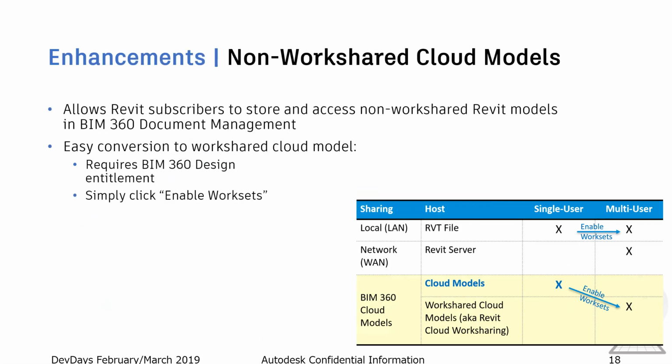This is the way that we're trying to create consistency, where there really shouldn't be very much difference between cloud models and desktop models in terms of behavior, but certainly capabilities in terms of the location of the data and access to the BIM 360 ecosystem.